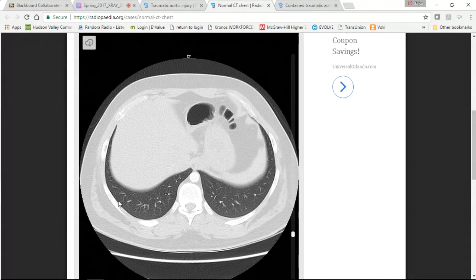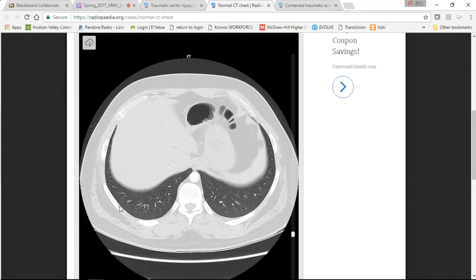There is a little bit of air in the space, or maybe thickened fluid, between the visceral pleura, which is the lining directly on the lung tissue, and the parietal pleura, which is on the posterior border of the thoracic wall back here.